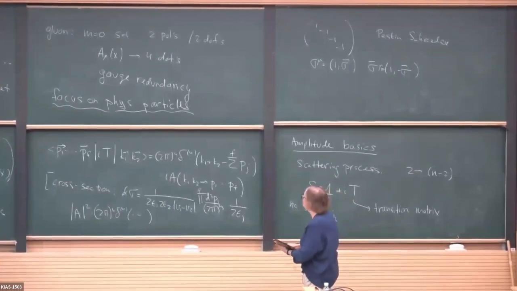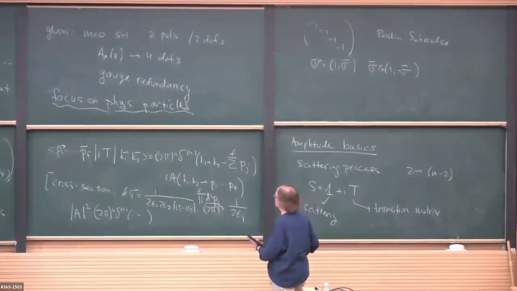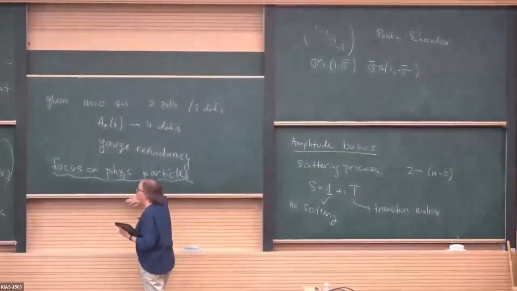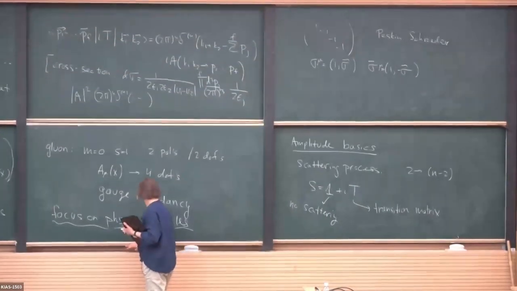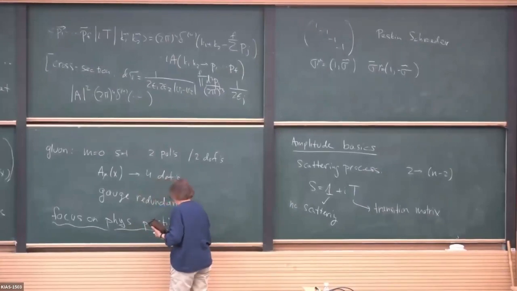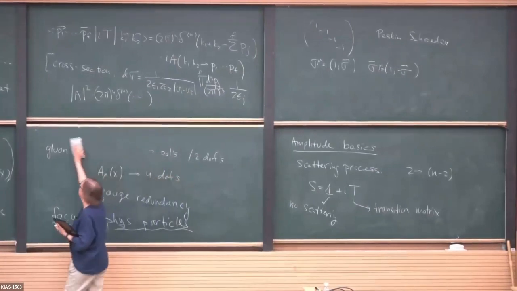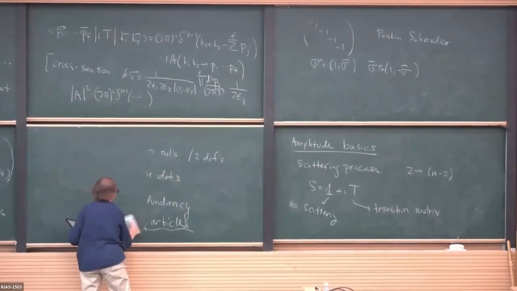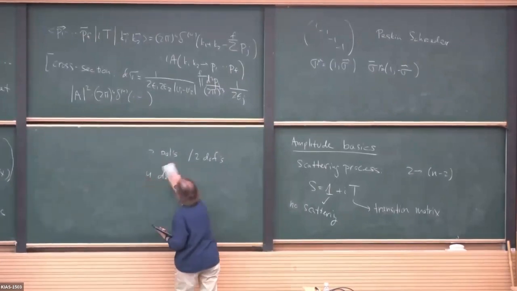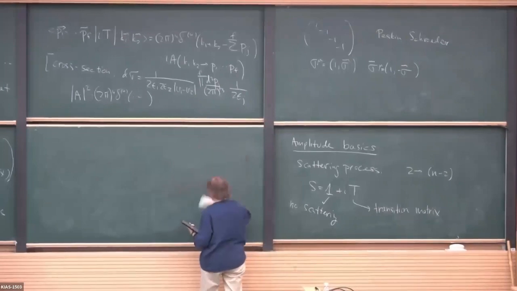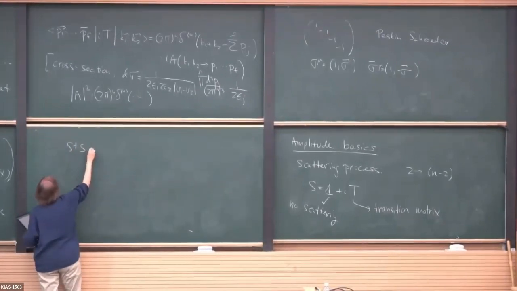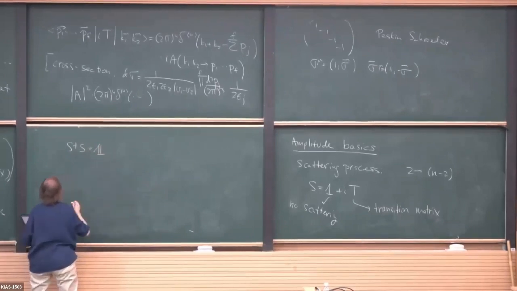And one last thing that I want to mention about the S matrix, and this is going to be super important in the following, is the optical theorem. We know that the S matrix is unitary. That means S dagger S equals 1.